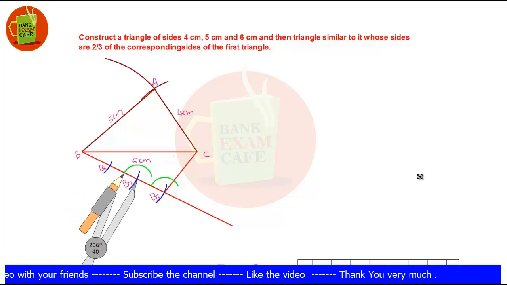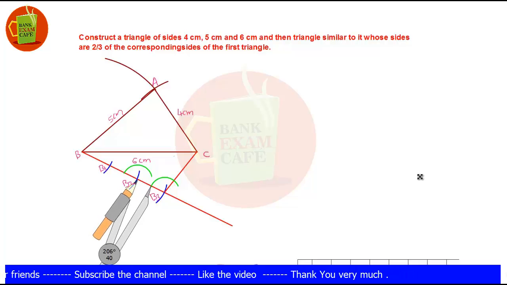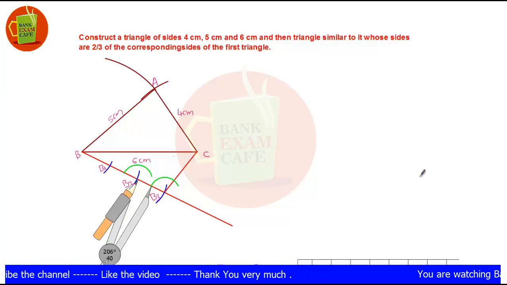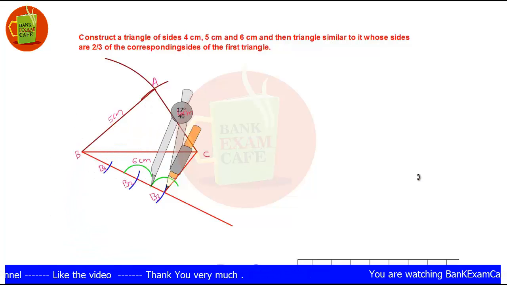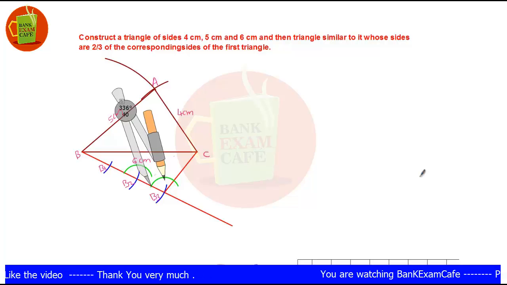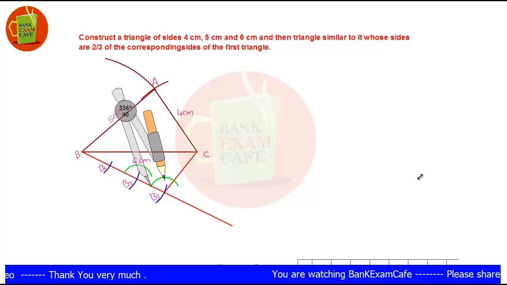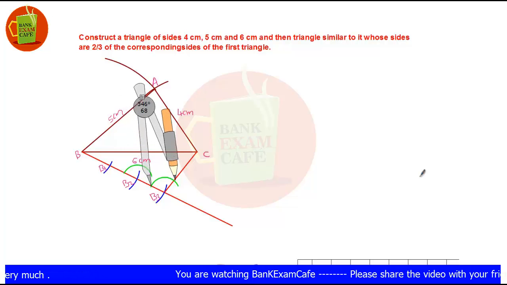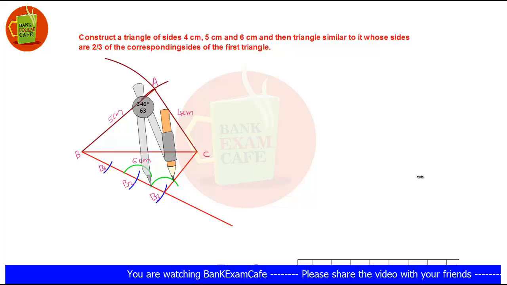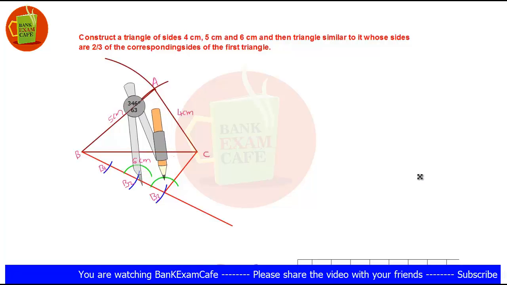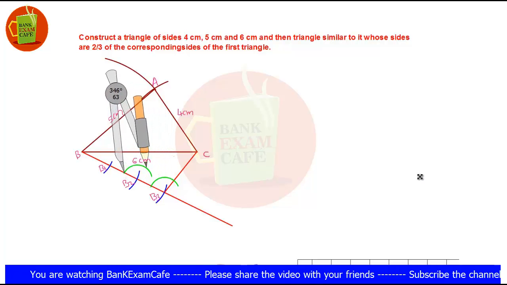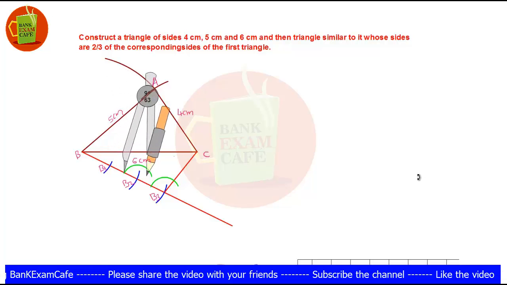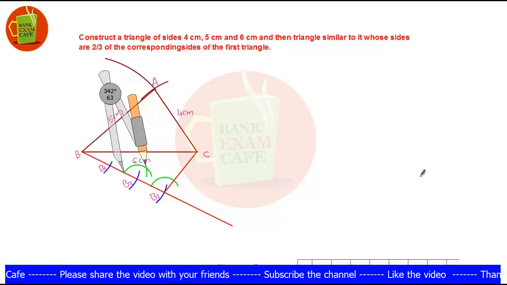Now coming to this point and taking a distance equal to the 2 points of intersection, come to this point and draw the arc intersecting the previous arc.